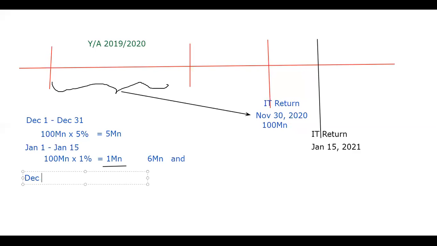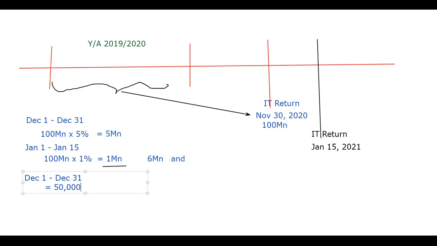Then December 1st to December 31st is again 50,000, and here also 50,000.